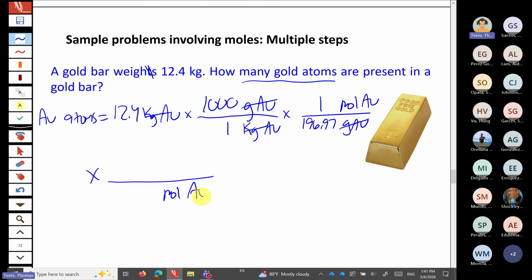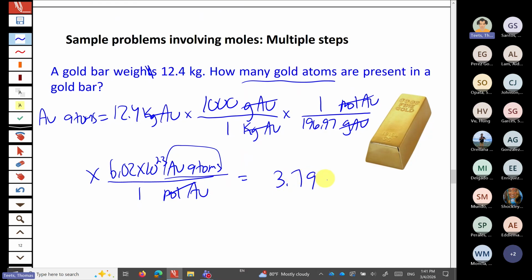Let's go down to the second line here. Moles will cancel out. And then Avogadro's number says that there's 6.02 times 10 to the 23rd gold atoms in 1 mole. So moles cancel. That gives us the number of gold atoms that we have, which is our stopping point. And for this part, you'll still need to know how to do exponents on your calculator when you're using Avogadro's numbers to make sure you're clear on that. 3.79 times 10 to the 25th atoms.